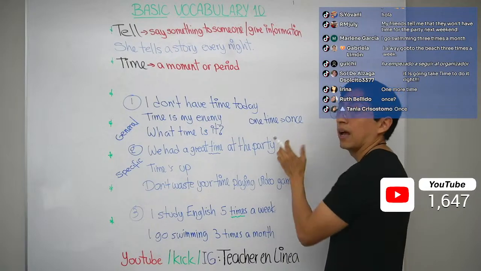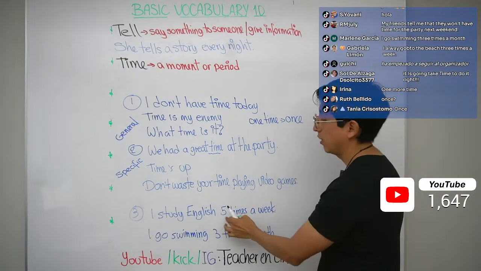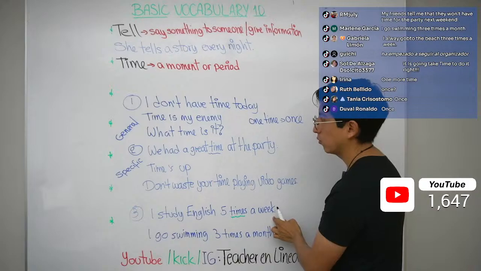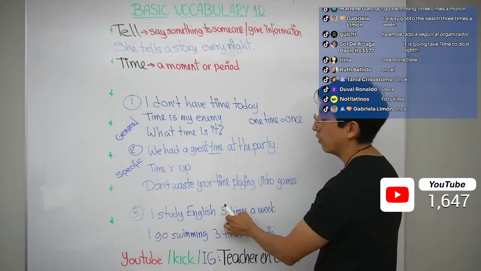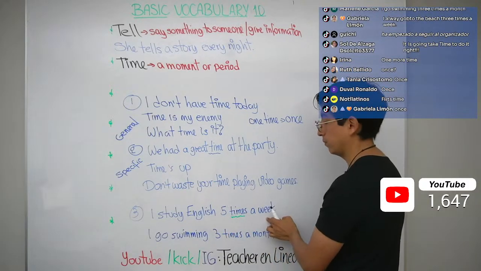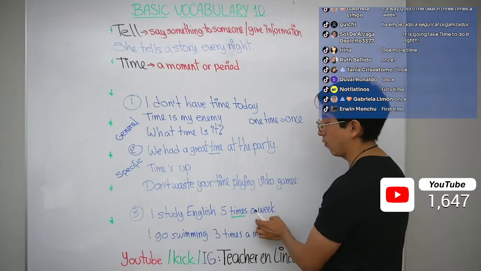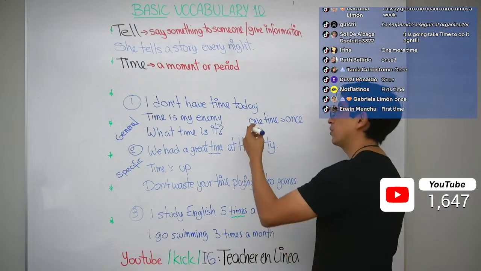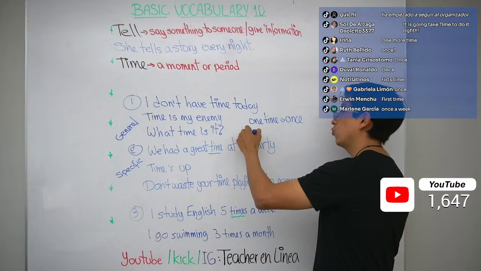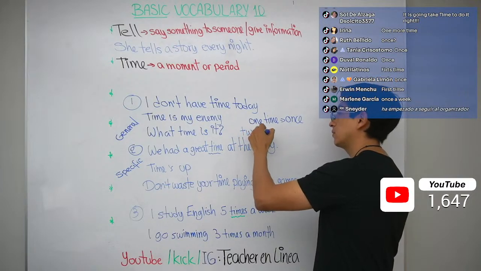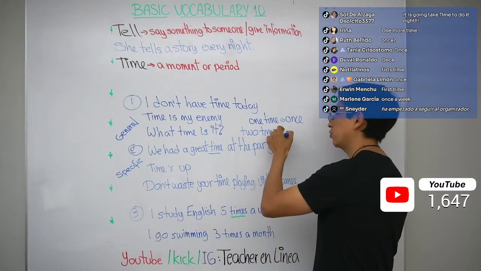Once. I study English once a week. We never say I study English one time a week. No, once a week. Is it possible to say 2 times? Guys, is it possible to say 2 times?